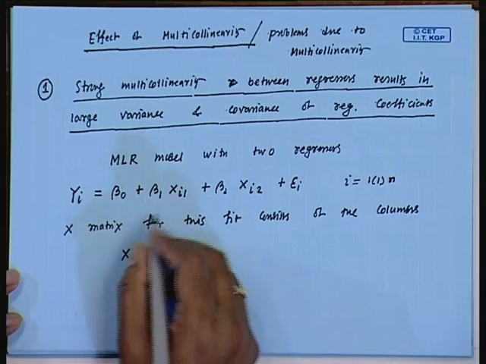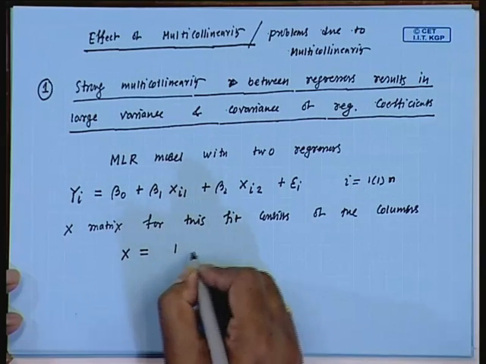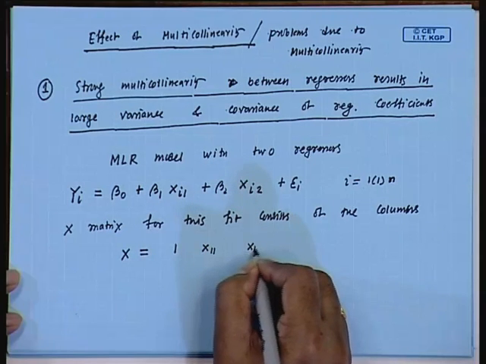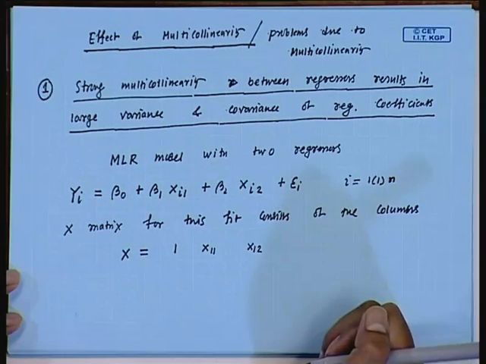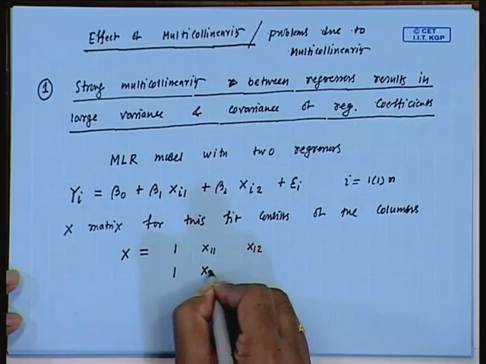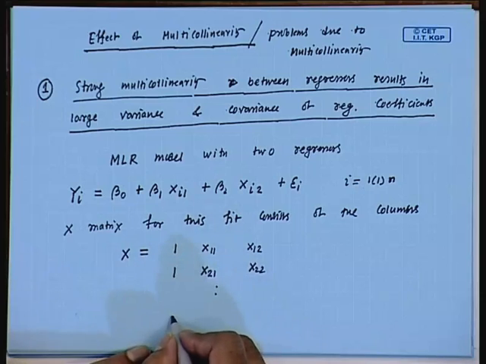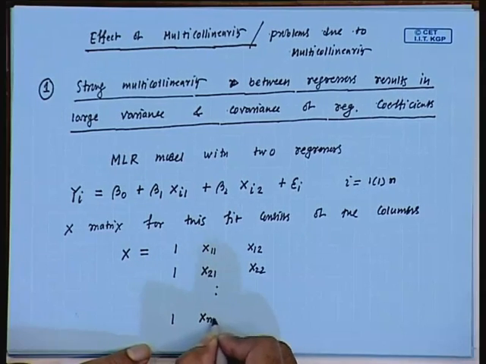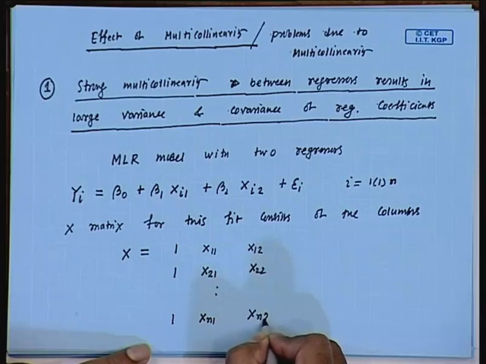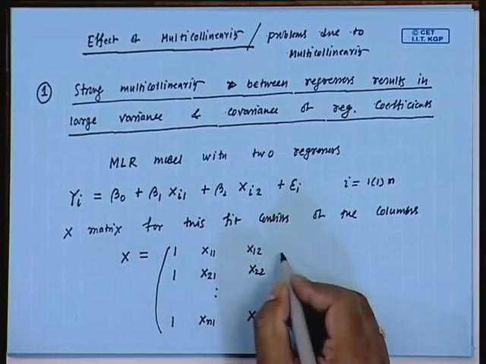X matrix for this model is, we know that this is 1, x11, x12, right, 1, x21, x22, like that, 1, xn1, xn2. Okay.